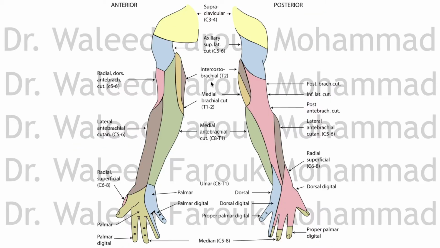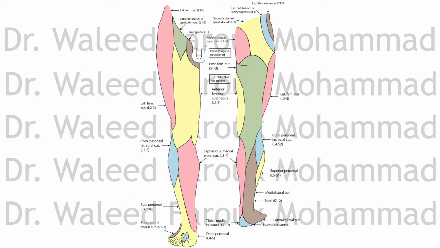This is another map, but not with segment level numbers, but with the names of the cutaneous nerves supplying the corresponding areas. You can study that in detail in the corresponding lectures that belong to the upper limb and lower limb, for example. This is another map of the dermatomes of the lower limb.